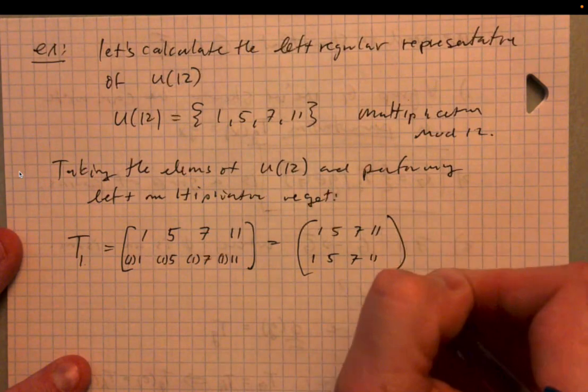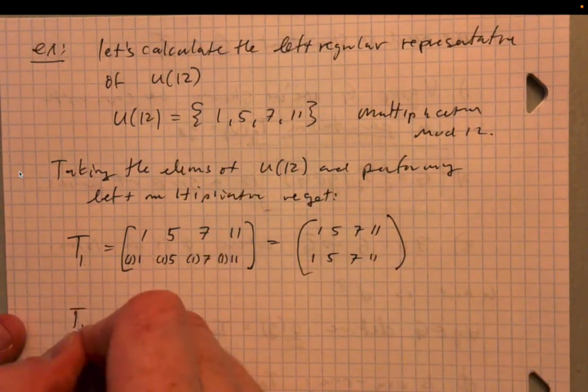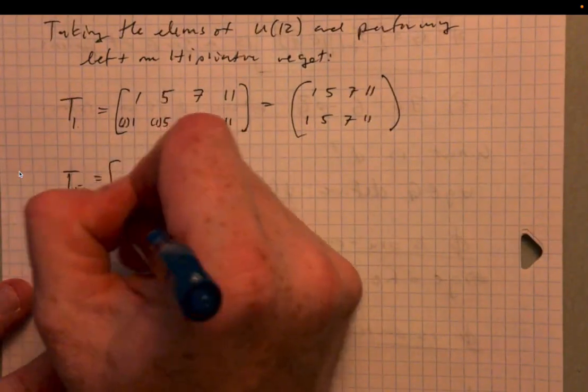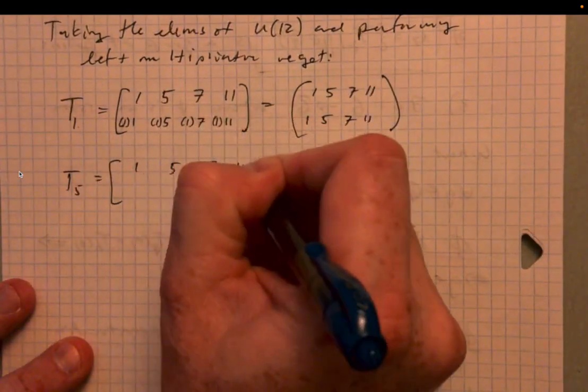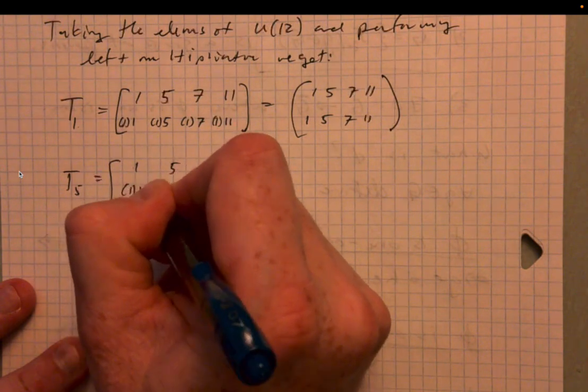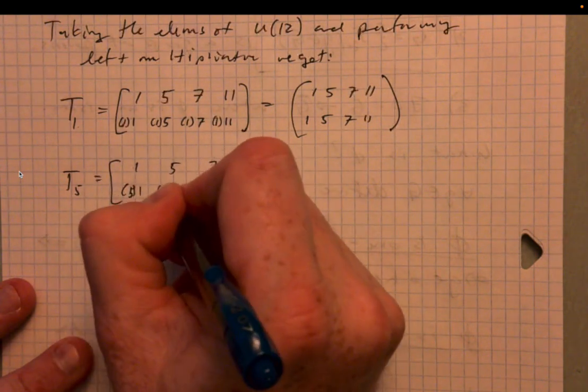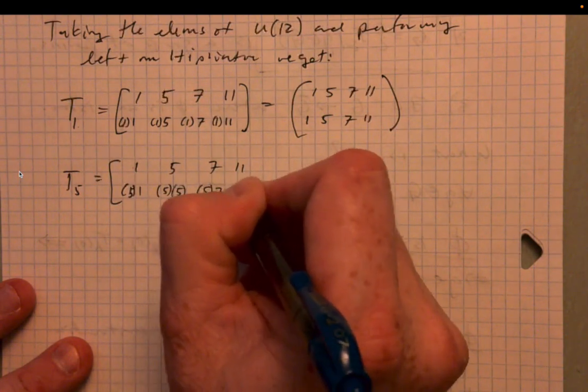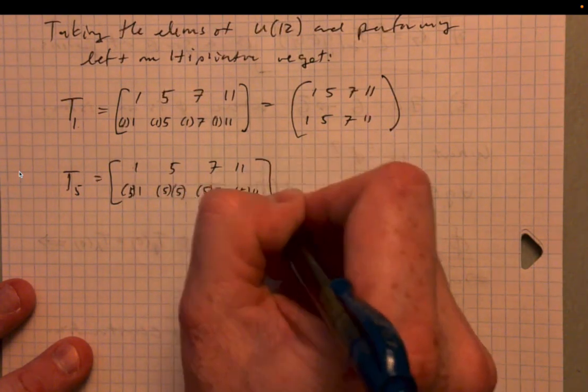What about T5? What does T5 look like? Again, it's 1, 5, 7, 11, and here we take 5 times 1, 5 times 5, 5 times 7, and 5 times 11.